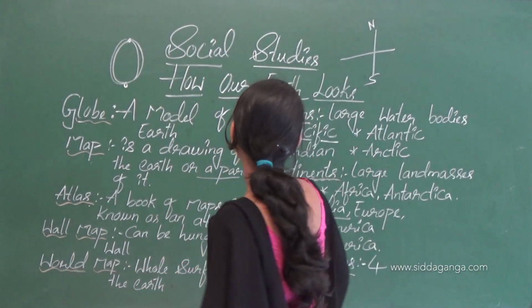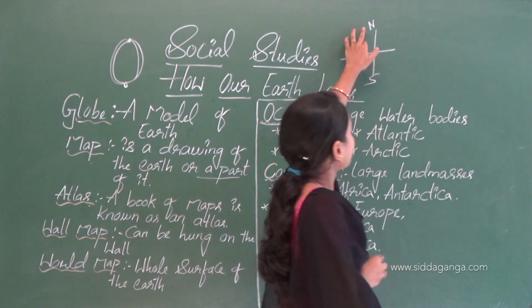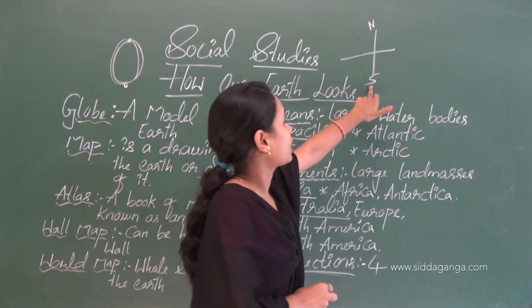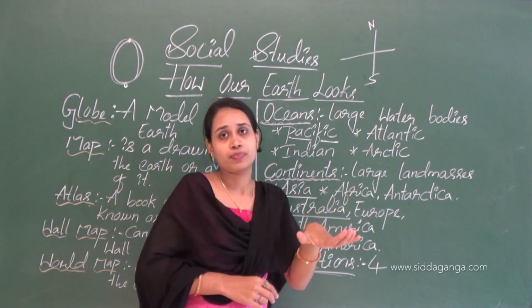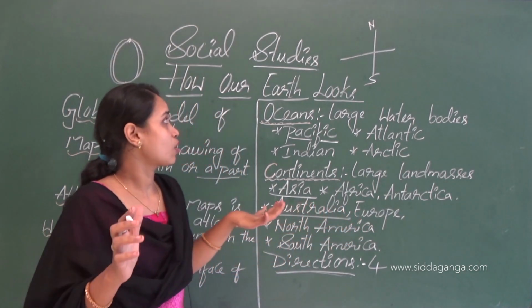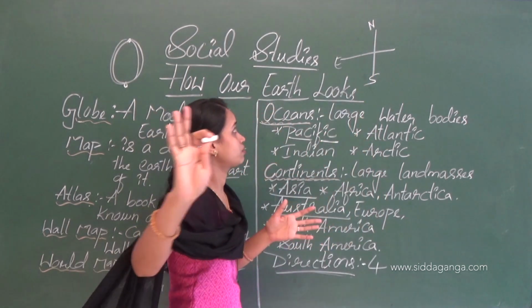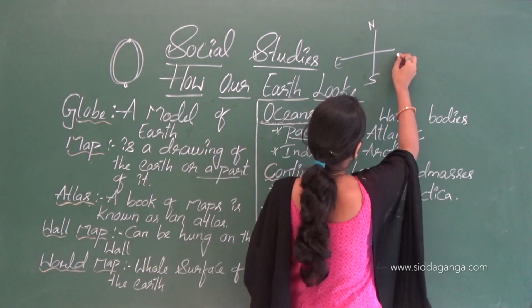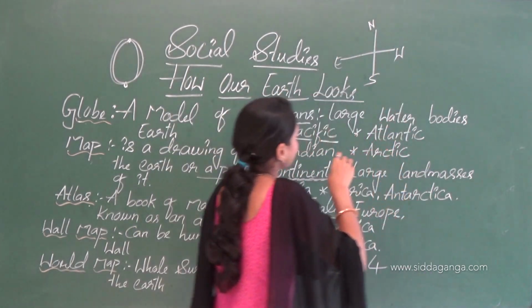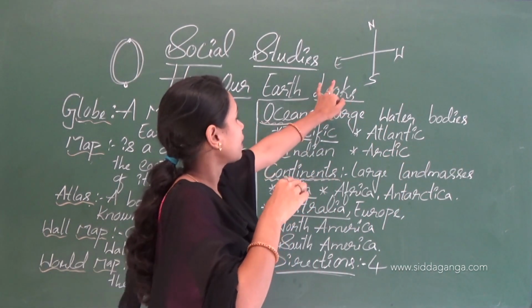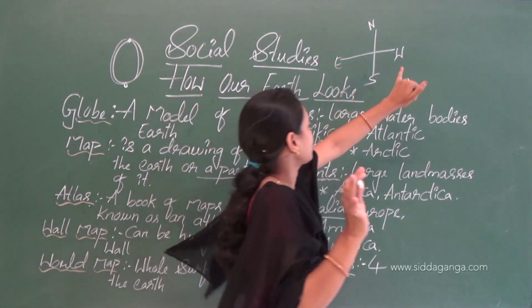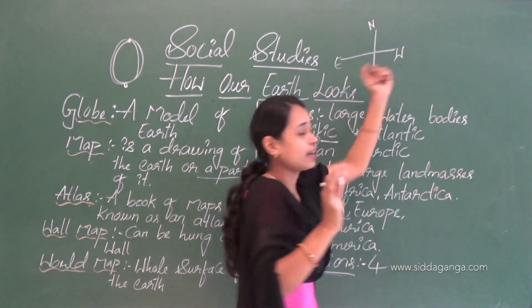The north part is always on the top and the south part is always at the bottom. From your side I am telling: if, for example, I am hanging the map, it always shows east on your right and west on your left.